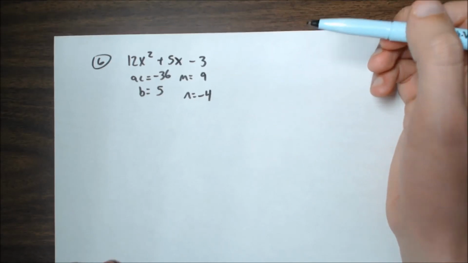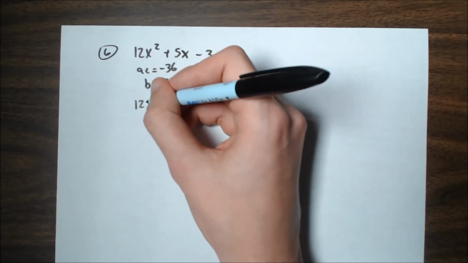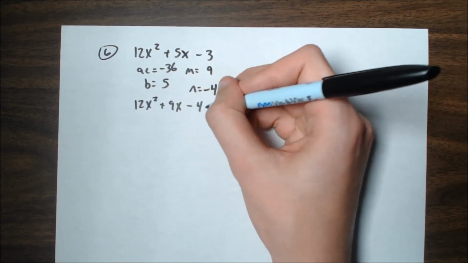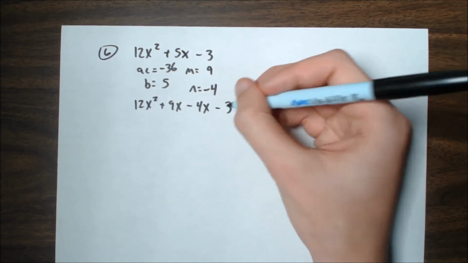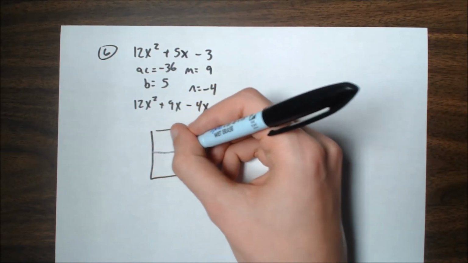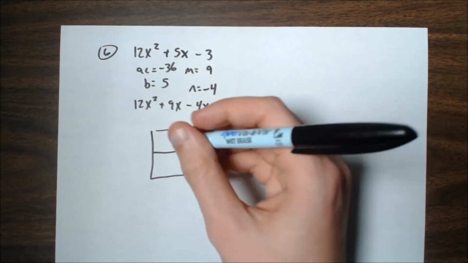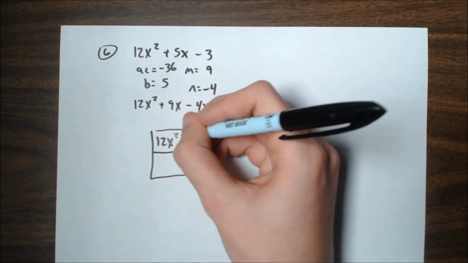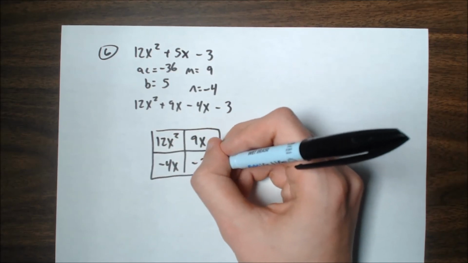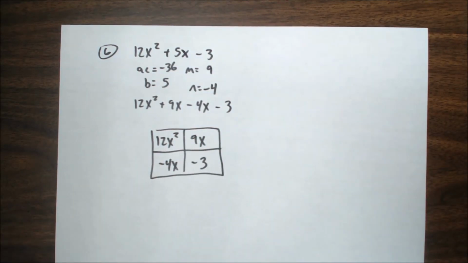So what I want to do is rewrite this as 12x squared plus 9x minus 4x minus 3. I'm going to draw a box, and I'm just going to plug these in. What's the greatest common factor for the top row?